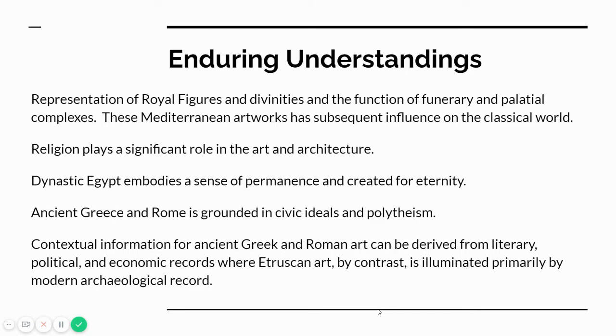We're also going to look at their pantheon a little bit, the polytheistic religious virtues, which will come later when we really get into studies of Greece and Rome. But Egypt will definitely introduce us to some of the important gods and goddesses and polytheistic worship.